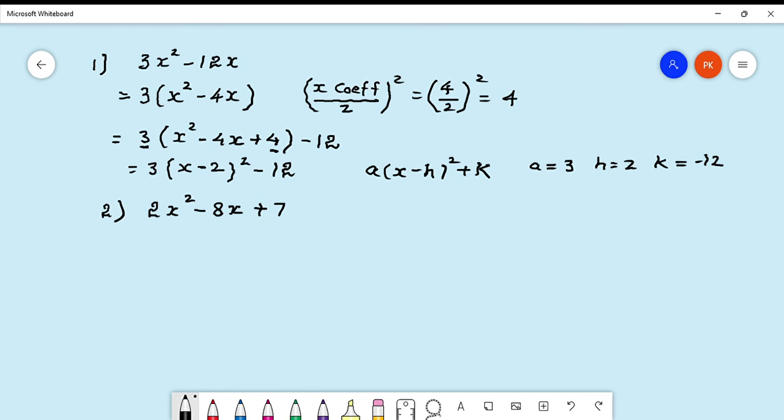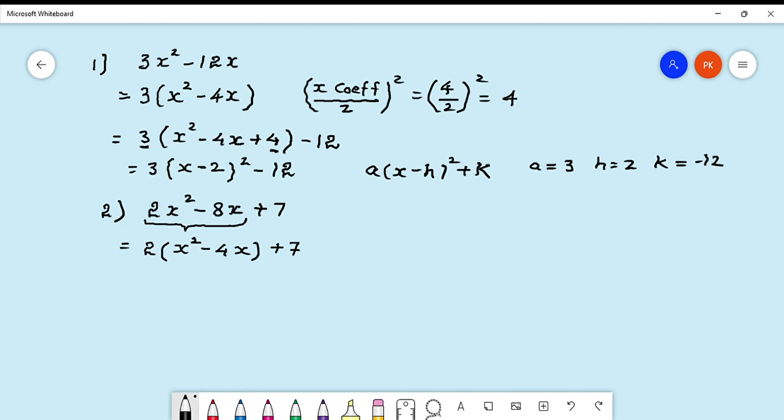So, in this case, what I'll do is, I will take the x square and x terms together and take the x square coefficient common. So here you will get x square minus 4x, and plus 7, keep it outside the bracket. Okay, only take the x square and x term together and take the x square coefficient common.